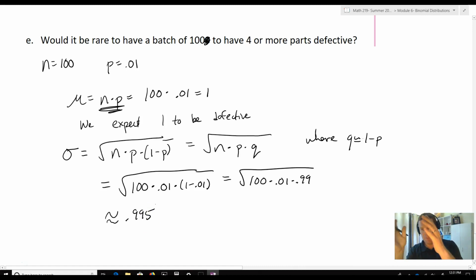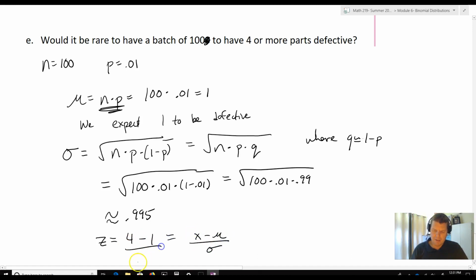Now, if you remember from 2.7, we actually have a rule for determining if we have an outlier or an unusual score, and that rule is that if it's more than 2 standard deviations away from the mean. So what we want to do here is find the z-score for 4 or more defective parts. So z equals 4 minus 1, because that's the mean. So that's x minus mu over sigma, divided by 0.995.